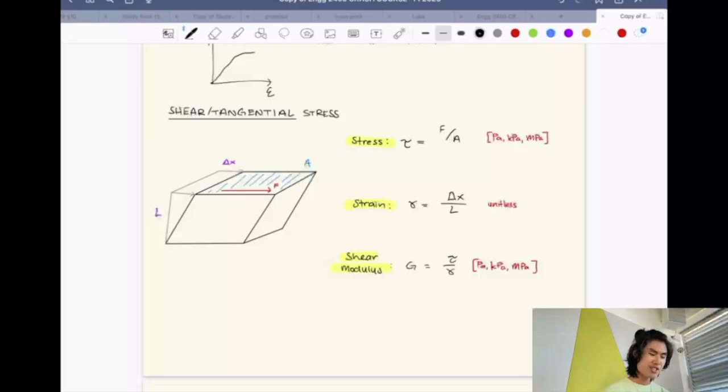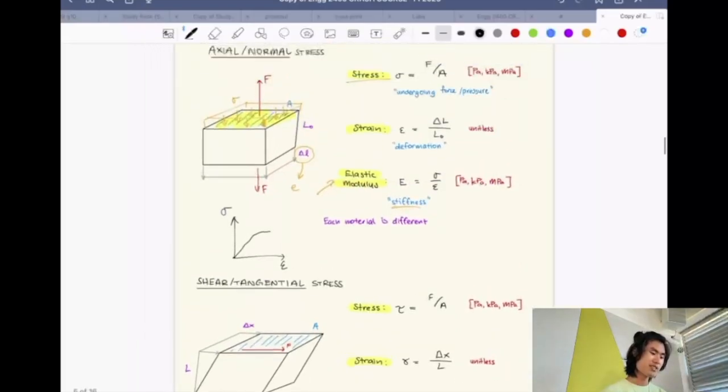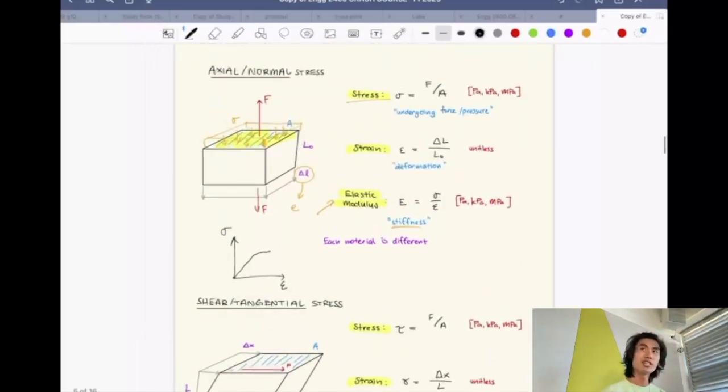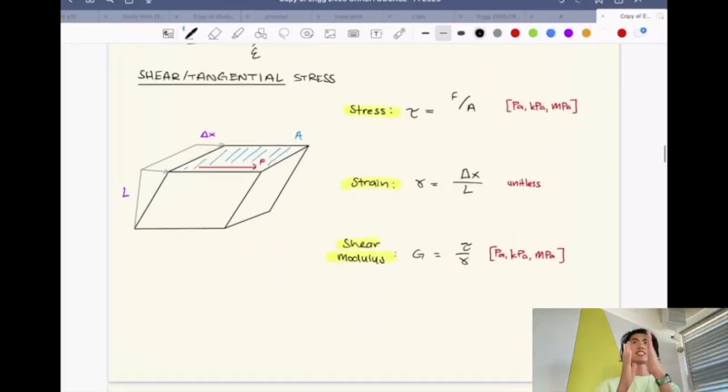Then you have the shear and tangential stress. So this is called axial normal. You can refer to it as normal. It's just along the axis. And then shear will be acting upon an area. You can think of normal as normal to the area, to the surface, and then tangential will be along it. You can think about two pieces of paper as well. If you poke it, it's going to go through, right?